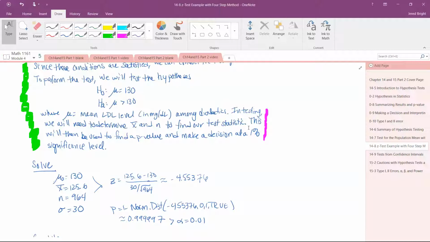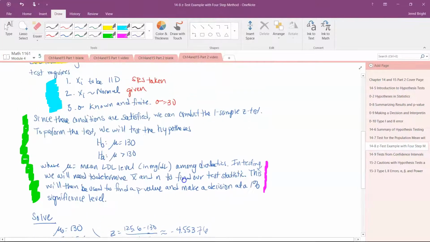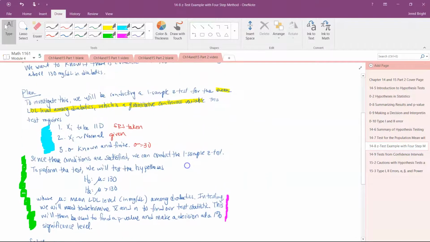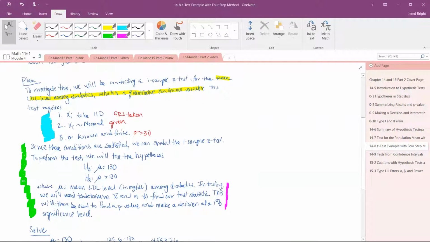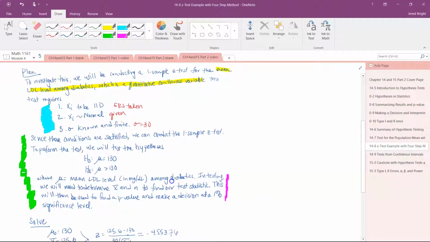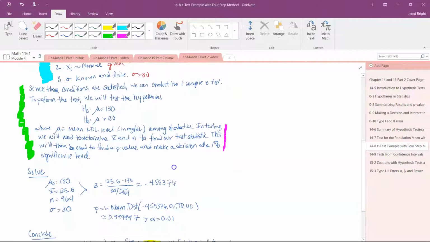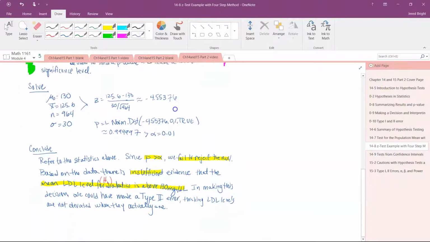And then it's helpful to state the level of significance as well. So overall the plan step is massive: state the variable, state the assumptions, check the assumptions, and then articulate your approach in detail.